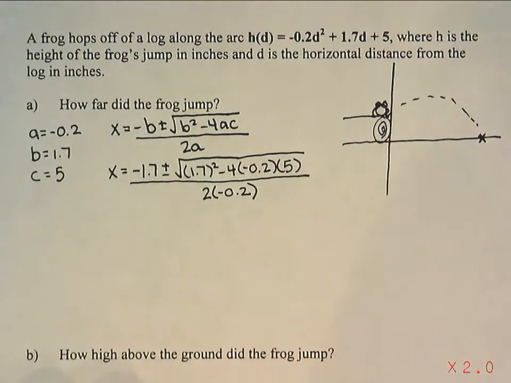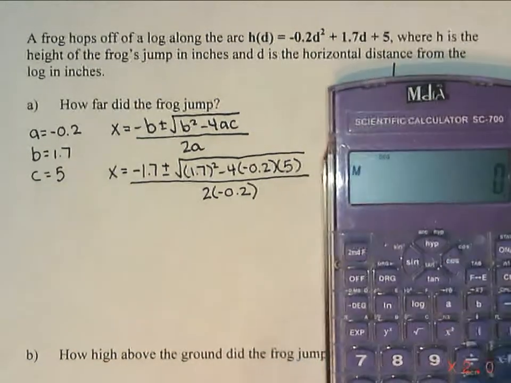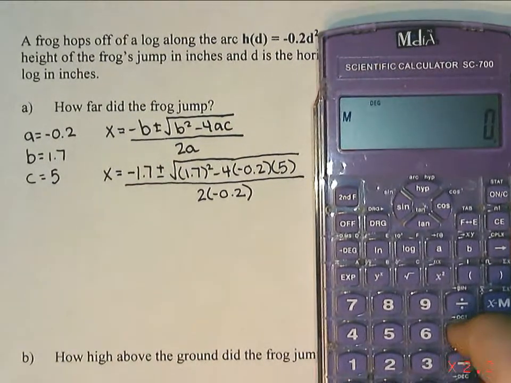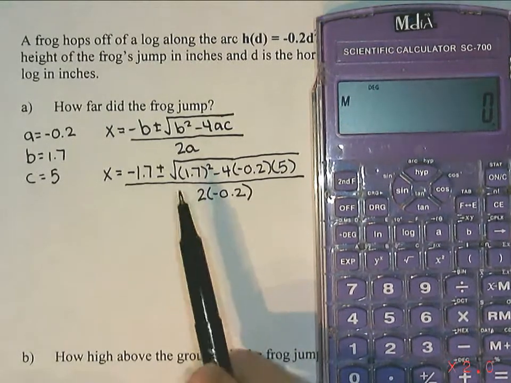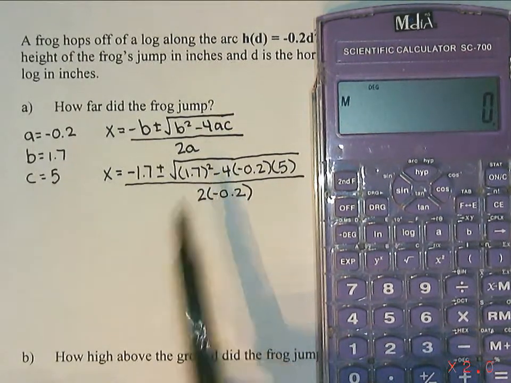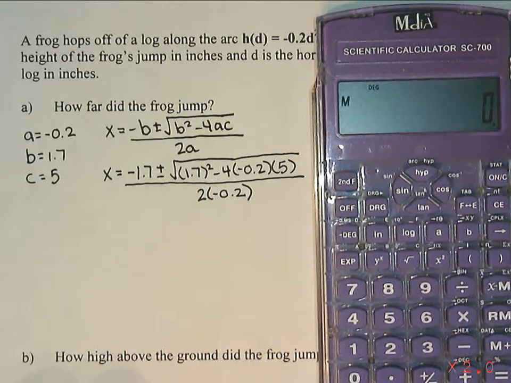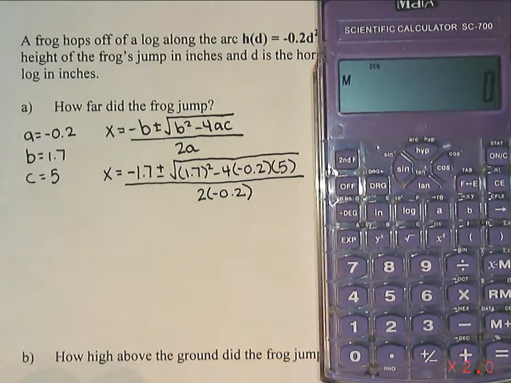At this point, I am going to use my calculator to calculate what's underneath the square root. So really important, if you do have a negative number in here, to put brackets in. If it's a positive number, it's not such a big deal. And everyone's calculator is a little bit different. But I'm going to do 1.7 squared.